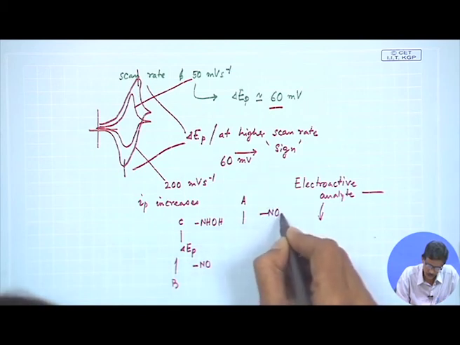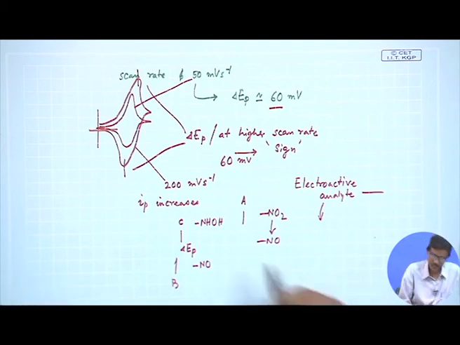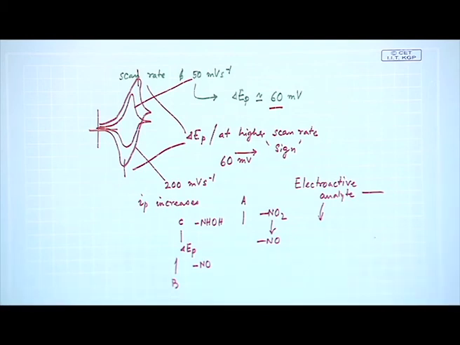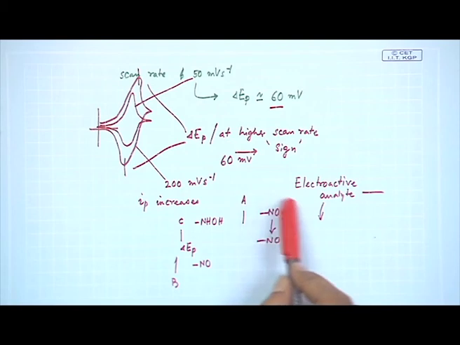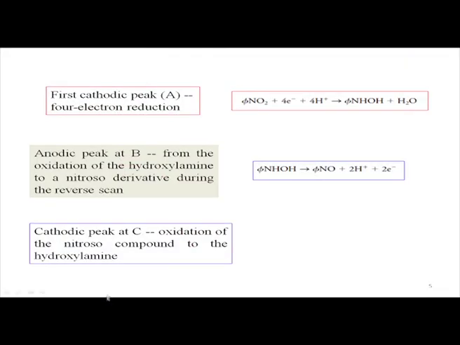Here you had NO2 going to NO formation, but once NO is formed from your nitrobenzene, you cannot get back to your nitro compound; you will get back to the corresponding hydroxylamine compound. So that is why the cathodic peak C is for the reduction of the nitroso compound to the hydroxylamine form.